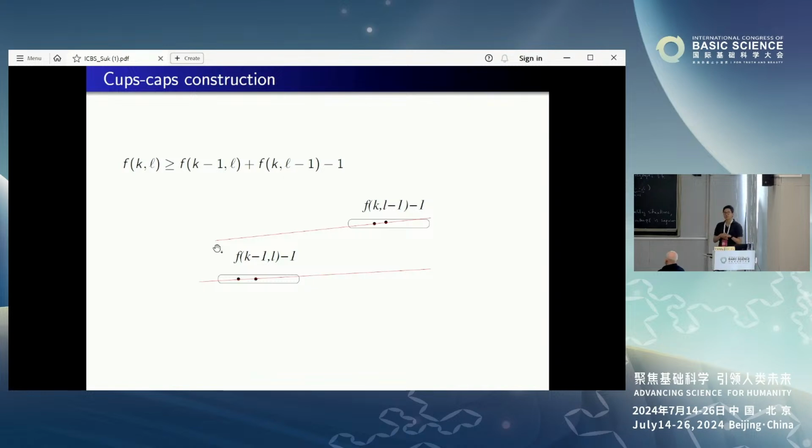And you take two sets, and in this new point set you have attained this picture here, which is kind of the construction. But this doesn't contain larger cups or caps.